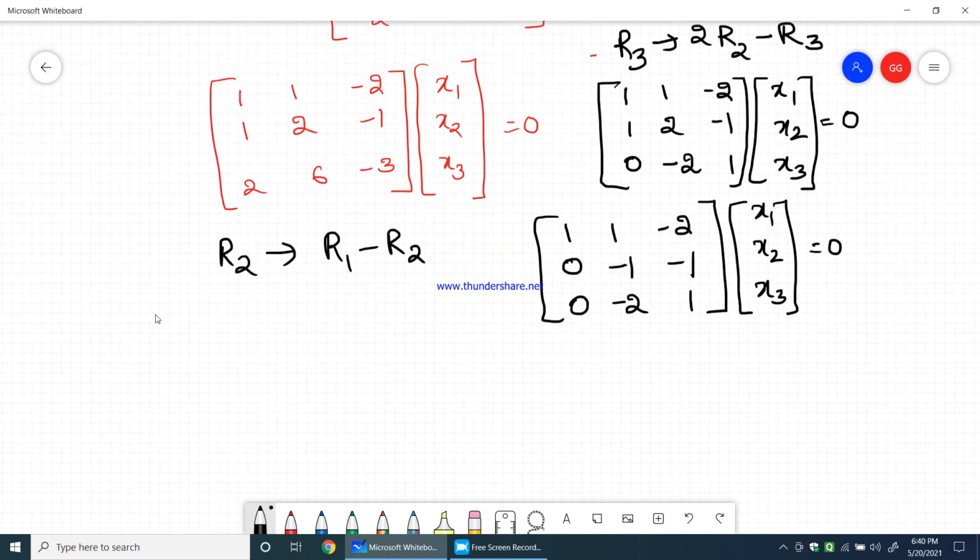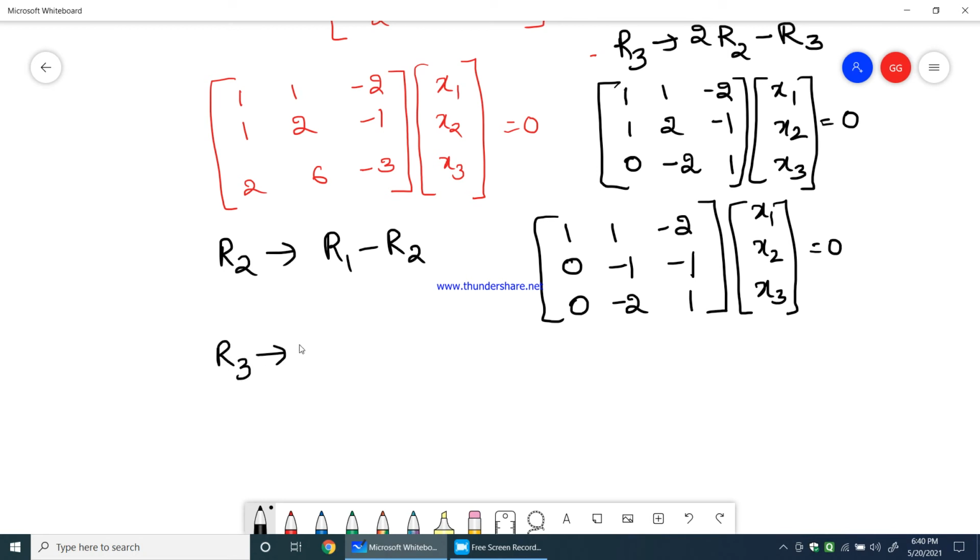Now further row operations, if possible, you can do. So I'll take row 3 equal to 2 times row 2 minus row 3, and we'll see what happens. I'll get 1, 1, minus 2; 0, minus 1, minus 1.